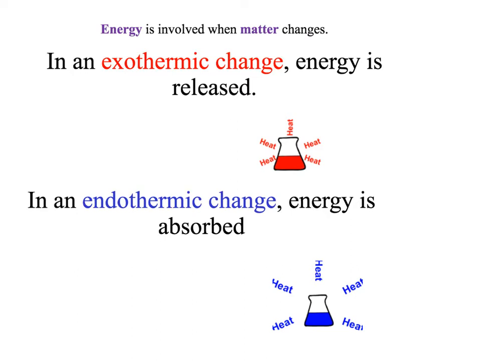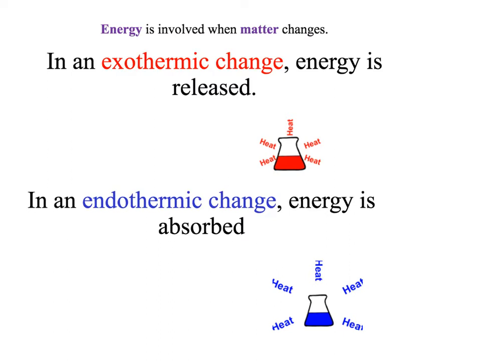Exothermic is when energy is released, so energy is coming out of the system. When we leave a building, we look for the exit sign. That tells us that we're going to go out. We can remember this term by thinking about that exit sign when we look at the word exothermic and know that energy is going out of that system. It's exiting that system.